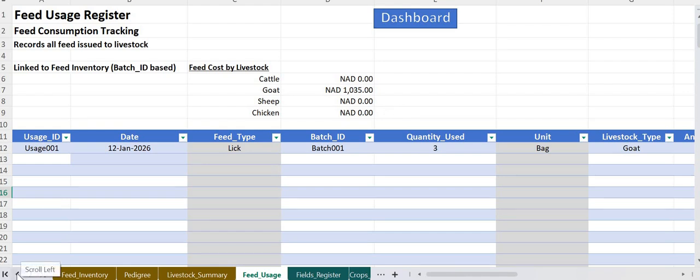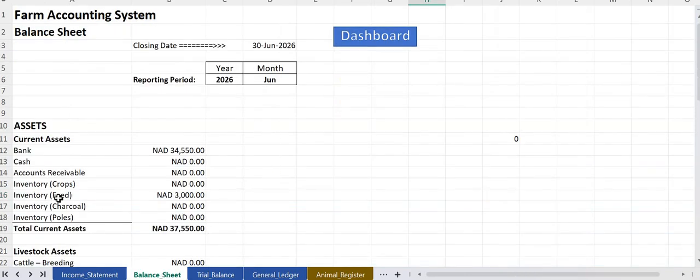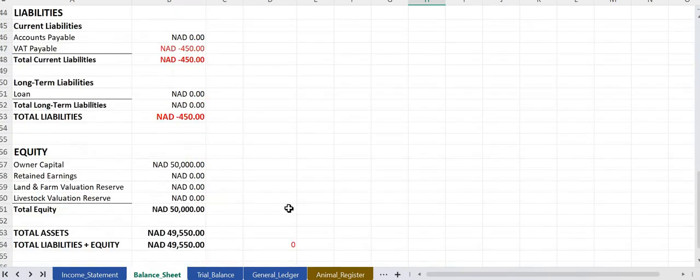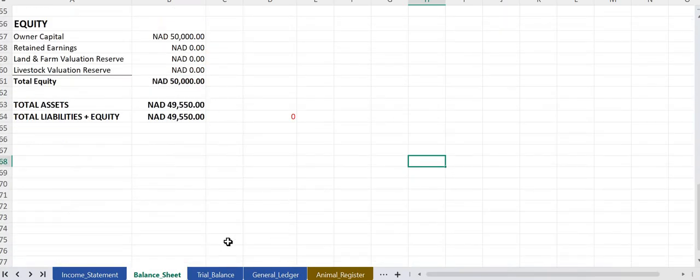So let's go back to our balance sheet to see the inventory. We see that the feed inventory is now standing at 3,000, because we have fed some of the inventory. So the current stock that you have is now worth 3,000. That's how your system works together, and we see we are still perfectly balanced.